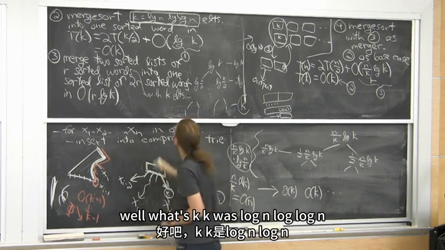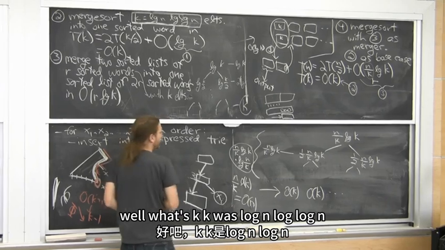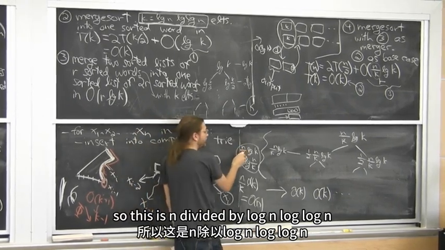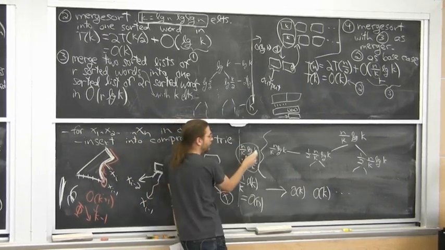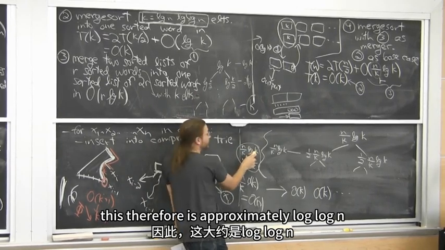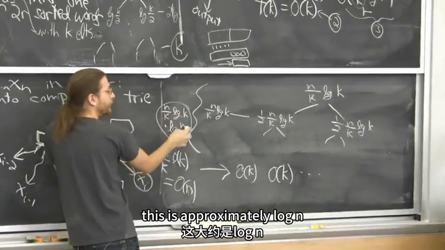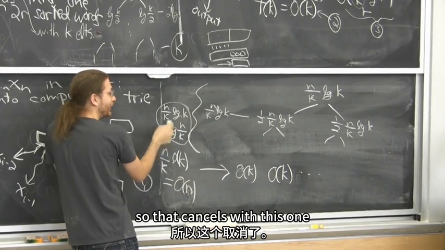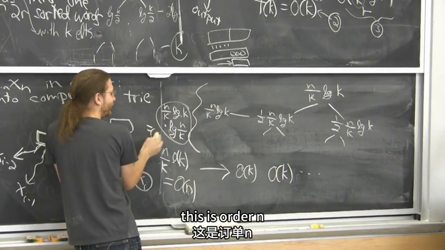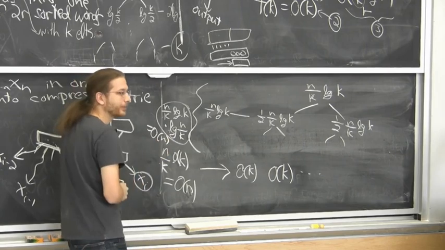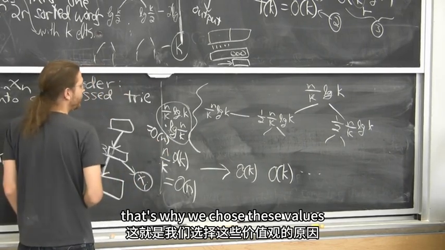Well, what's k? K was log n. So this is n divided by log n, log n. This, therefore, is approximately log n, so that log n cancels with this one. This is approximately log n, so that cancels with this one. So this is order n. That's why we chose these values.